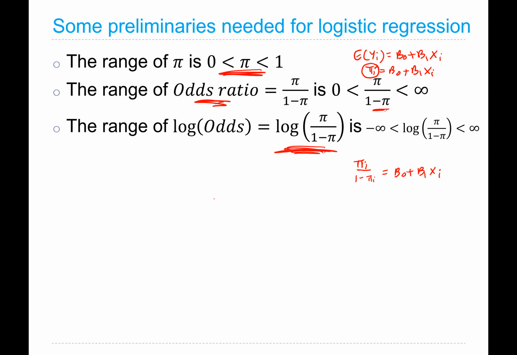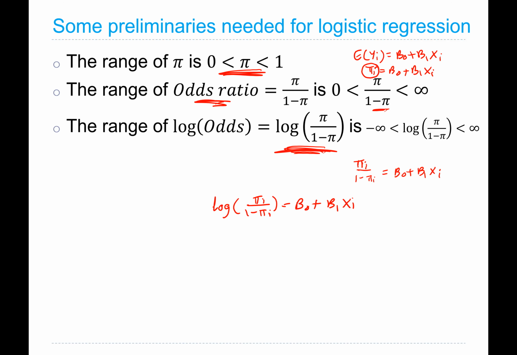So it's better to fit the model log of pi i divided by 1 minus pi i equal beta 0 plus beta 1 xi. This one is much better. Why? Because the left-hand side will be between negative infinity and infinity, and the right-hand side can give me any value within this range.